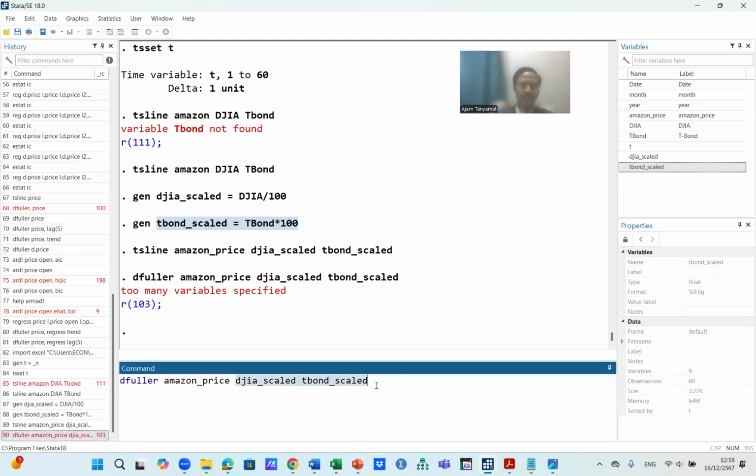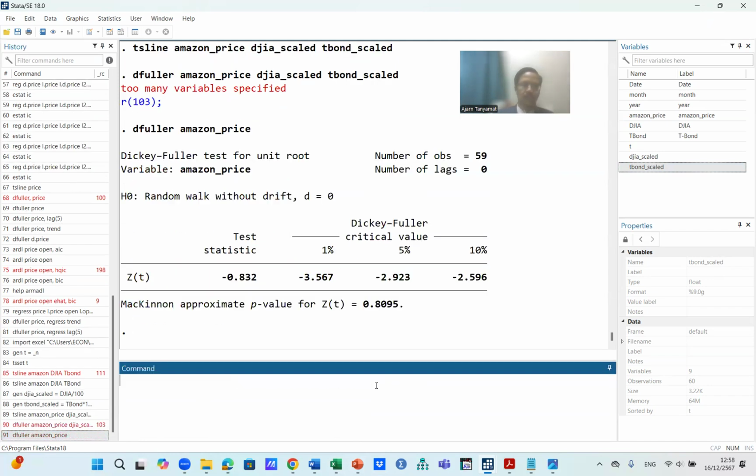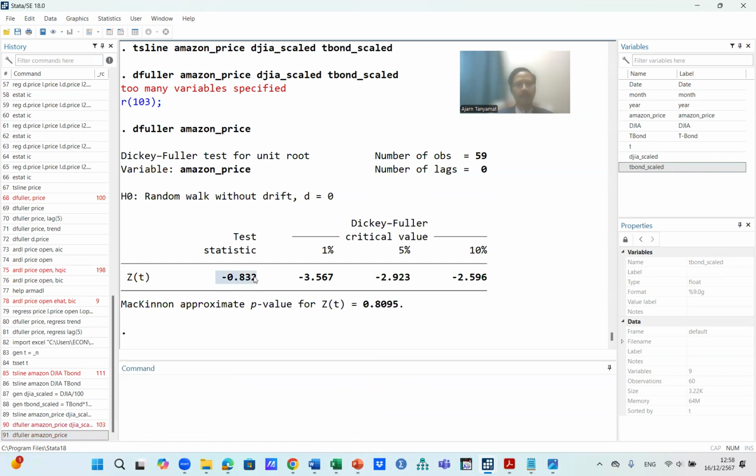So Amazon price, Dickey-Fuller. From the previous video, you'll notice that, yeah, it's not stationary. So you're going to report this result, circling the p-value. P-value is much higher than the acceptable significance level. So we're going to conclude that Amazon price is non-stationary.